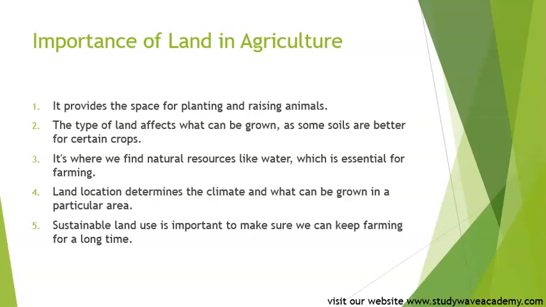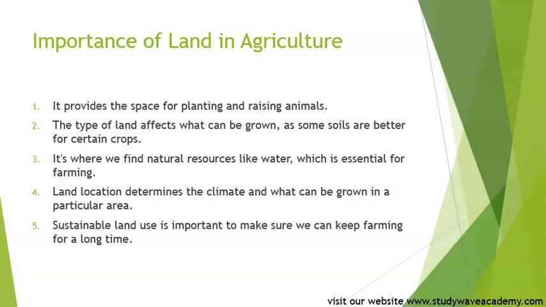Four, land location determines the climate and what can be grown in a particular area. Where the land is located affects what can be grown. Different places have different weather, so some plants can only grow in certain areas, okay?